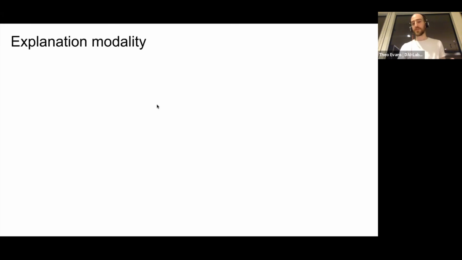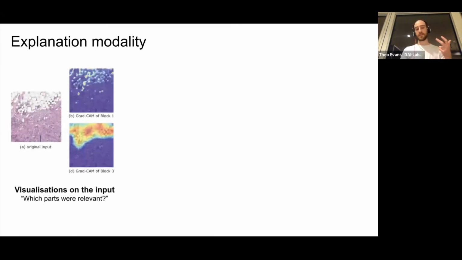So these are three approaches. There are many others, and essentially these are three approaches for producing explanations, and they in and of themselves don't necessarily define exactly how you provide this explanation to a user.